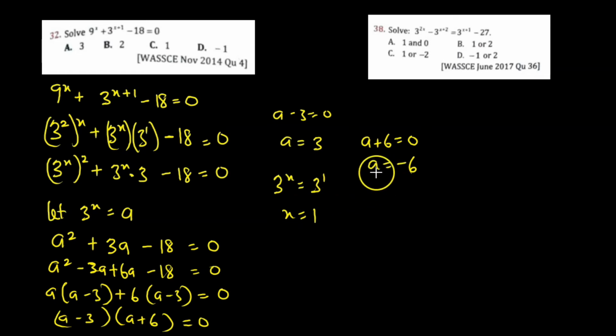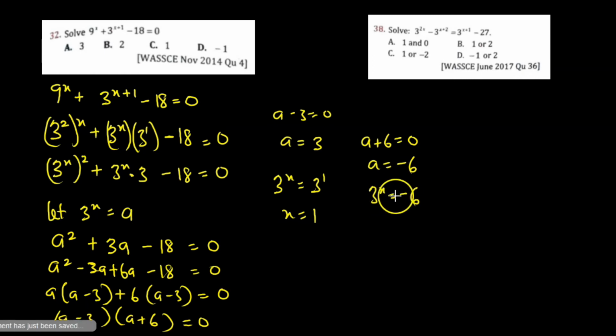Coming to the next, we have a equal to negative 6. So it means 3 to the power x equal to negative 6. Can we write negative 6 as a base of 3? The answer is no. So there is no solution. If you want to go further and use the idea of logarithms, which we've not done so far, you realize that you can't find the log of a negative number.